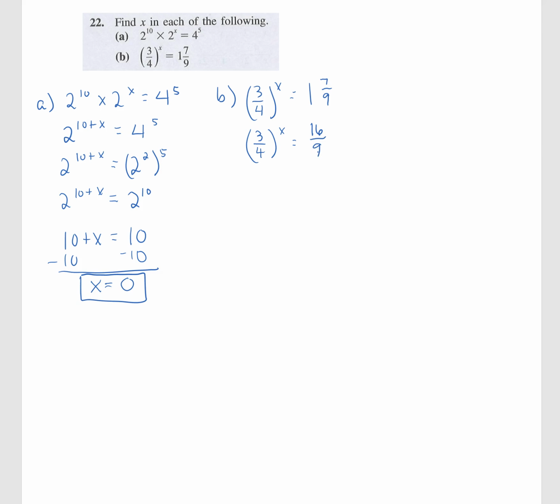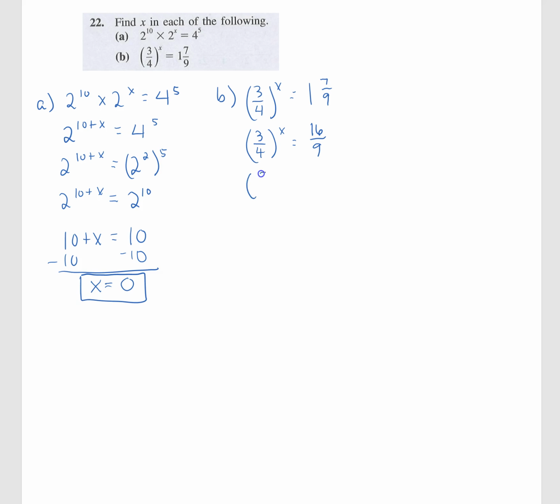All right, so looking at this, how can we make these bases the same? Well, we can see that we can write 9 as 3 to the power of 2. We can write 16 as 4 to the power of 2, but these are in opposite spots. So the first thing we want to do is flip this fraction.